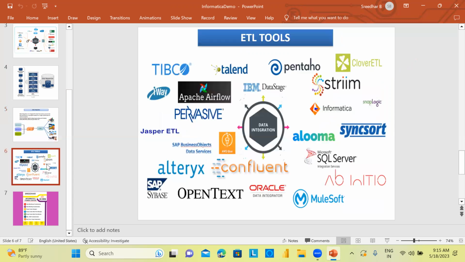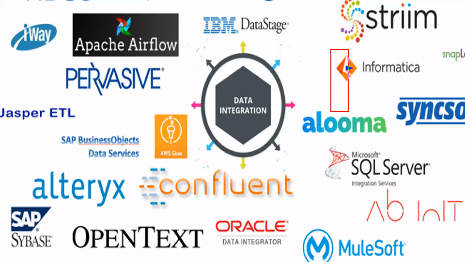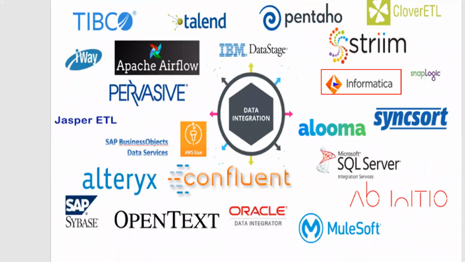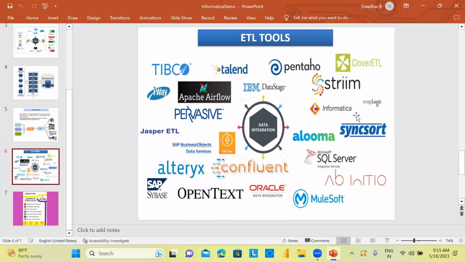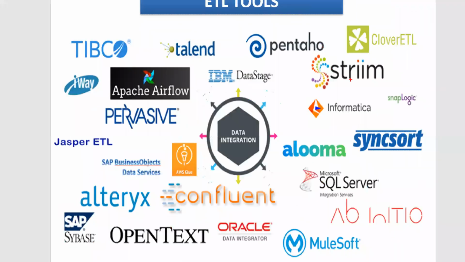To do this process, we have different tools, but we selected Informatica Power Center. Why do we select Informatica Power Center only? Why not SSIS, Ab Initio, MuleSoft? It has been the most effective tool in the market for moving data effectively, securely and faster.